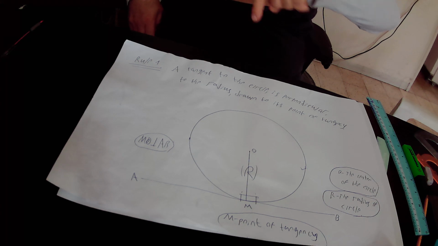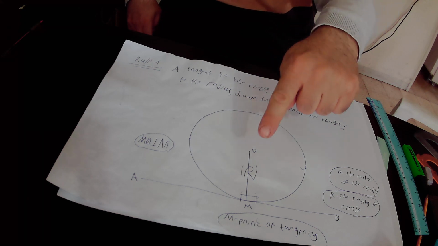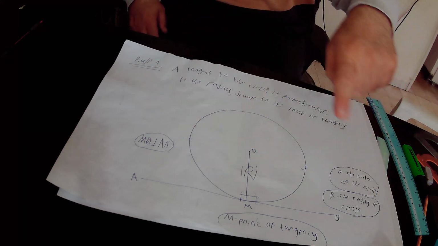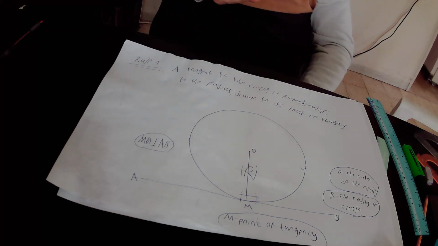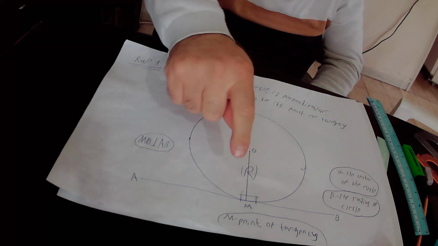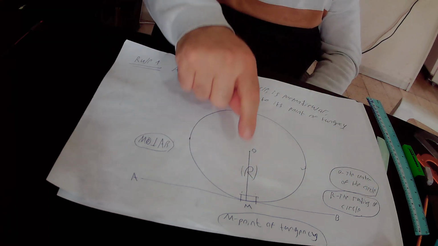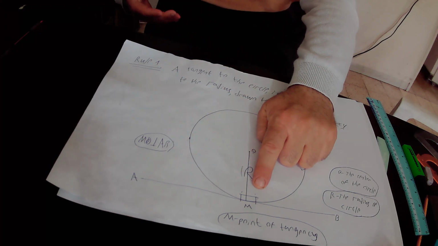And we have the radius OM that equals R. The radius OM is drawn to point M, that is the point of tangency of tangent AB with this circle. Whenever a radius is drawn to the point of tangency, then tangent AB will be perpendicular to the radius MO. If AB is perpendicular to MO, it means that this angle equals 90 degrees, and this angle also equals 90 degrees according to rule 1.